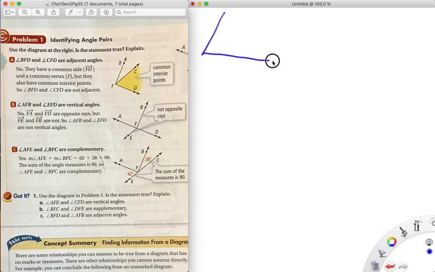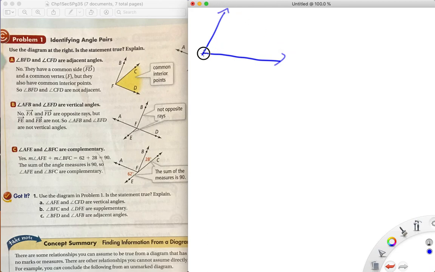This is B, this is F, and this is D. This is actually where the whole common interior points come into play, but you're not going to really need to know this. The answer is no, they're not adjacent.